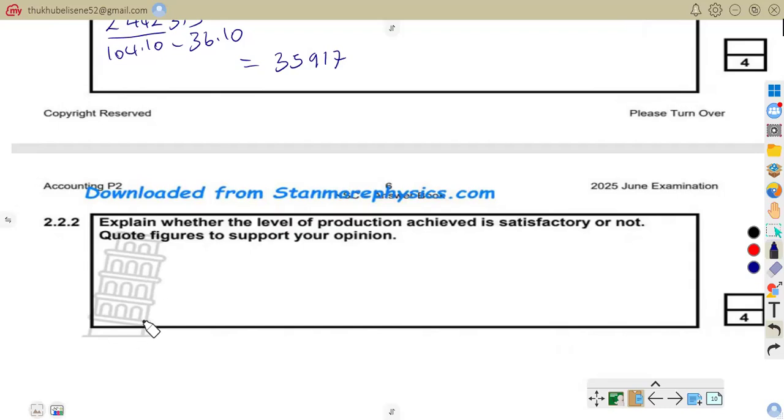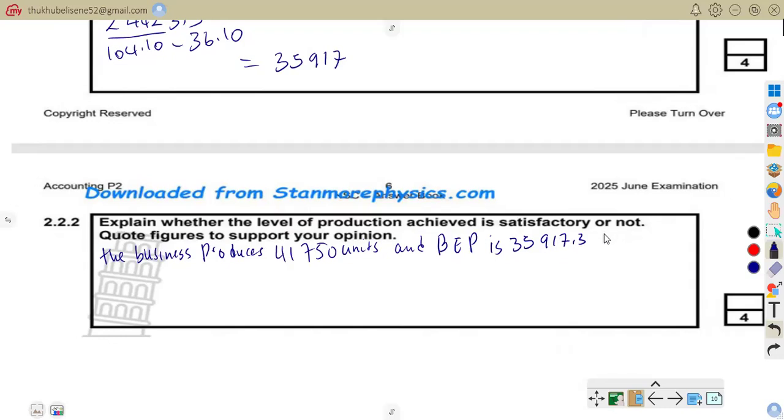So we are saying the business produces 41,750 units, and our BEP is 35,917.3. So what does that mean?